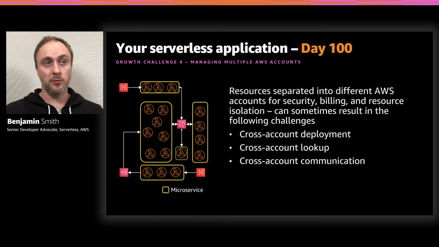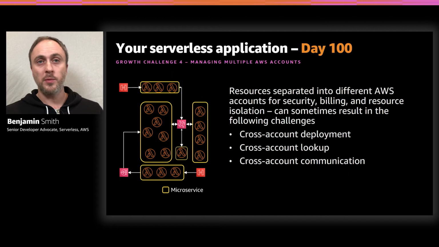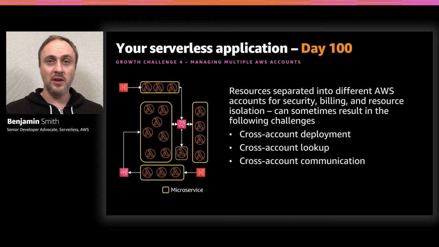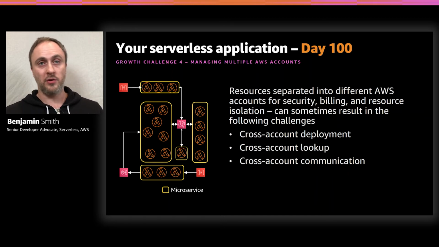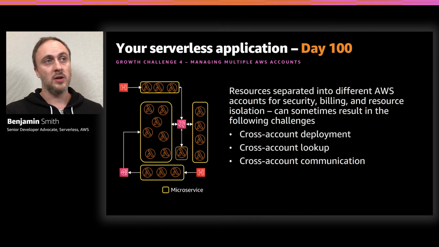And this can sometimes result in the following challenges. You might have cross-account deployment challenges. So that's where a single pipeline needs to deploy a microservice into multiple accounts. For example, a microservice might need to deploy into multiple environments like dev and QA and prod, and maybe each one of these exists in a different AWS account. You also have a cross-account lookup challenge.